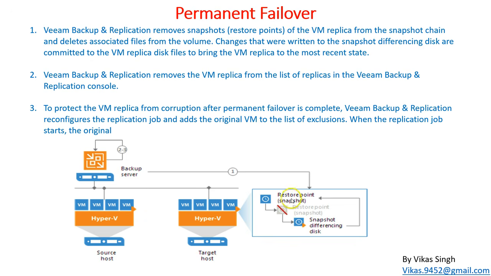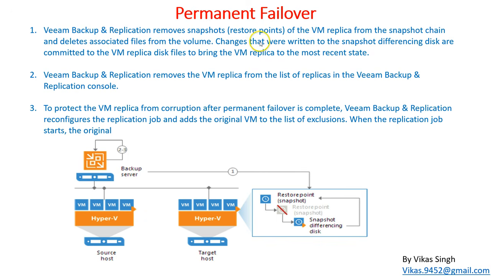On the secondary host, the target host, we are going to have a snapshot for all the virtual machines which was created during the replication job. So it's going to delete the whole snapshot chain and its associated hard drive.